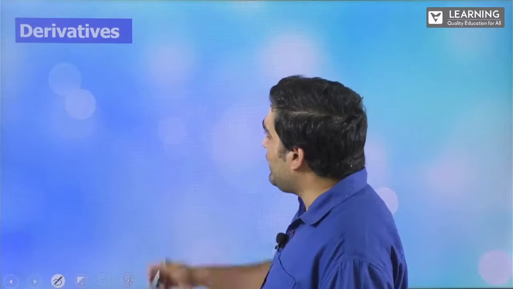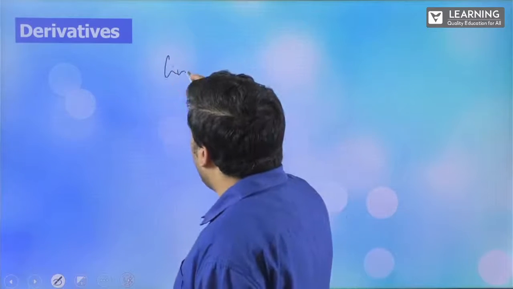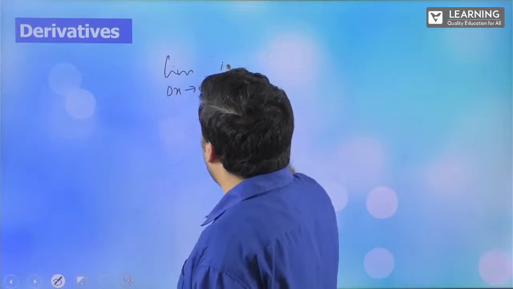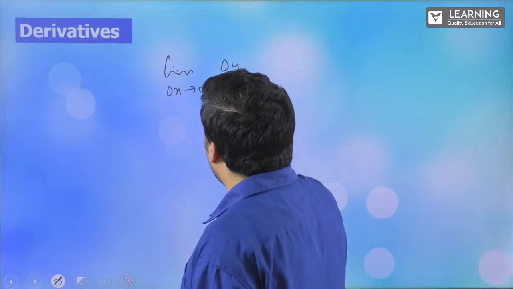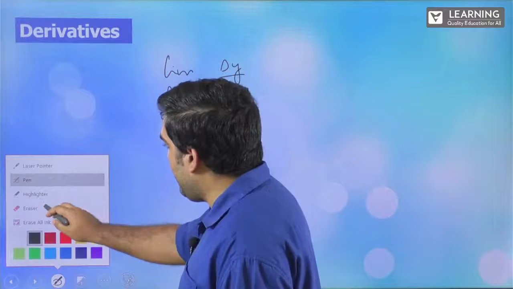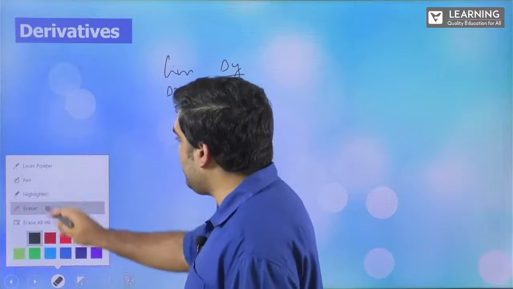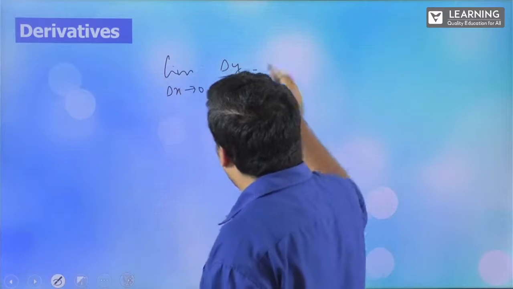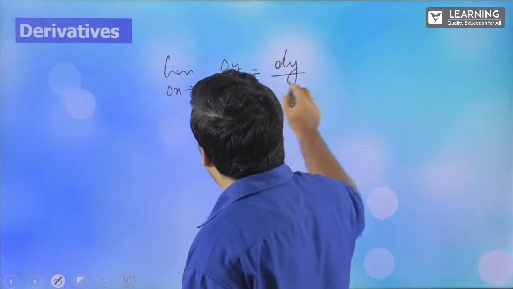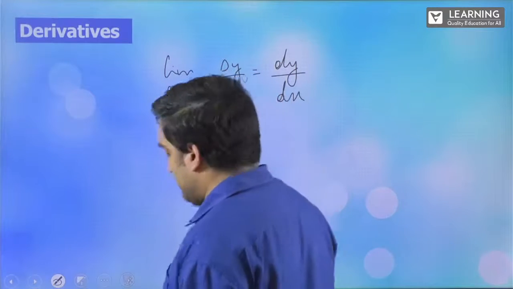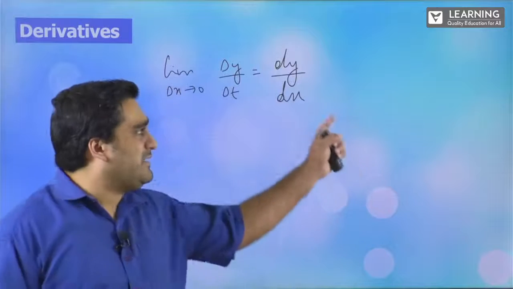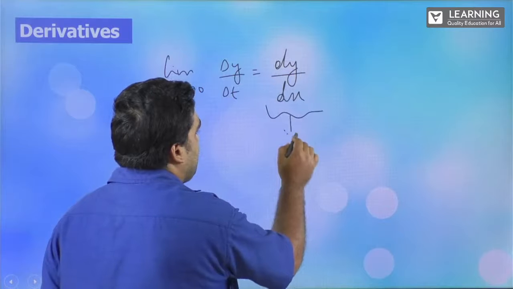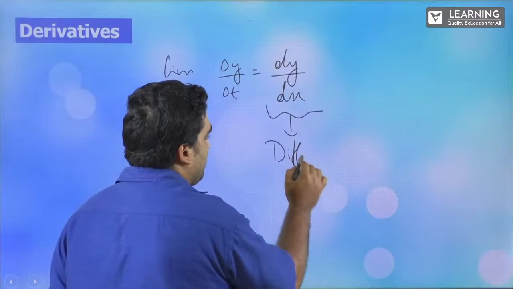So this limit as delta x tending to 0, delta y by delta x, is also written as dy by dx. This dy by dx is what is termed as a differential equation.